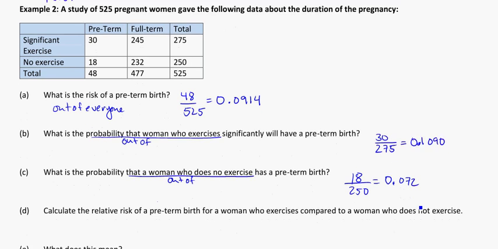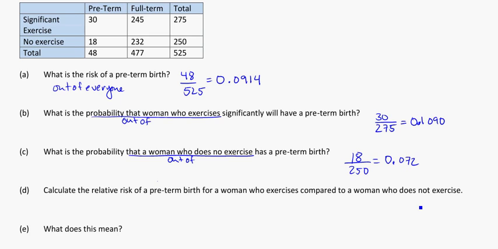The next step for us is to calculate the relative risk of a preterm birth for a woman who exercises compared to a woman who does not exercise. If you're not sure which way to put this fraction because you're not sure which one's the risk factor and which one's without, do it in the order of what they say here. So the relative risk for a woman who exercises is going to be the top, compared to the bottom, which will be no exercise.